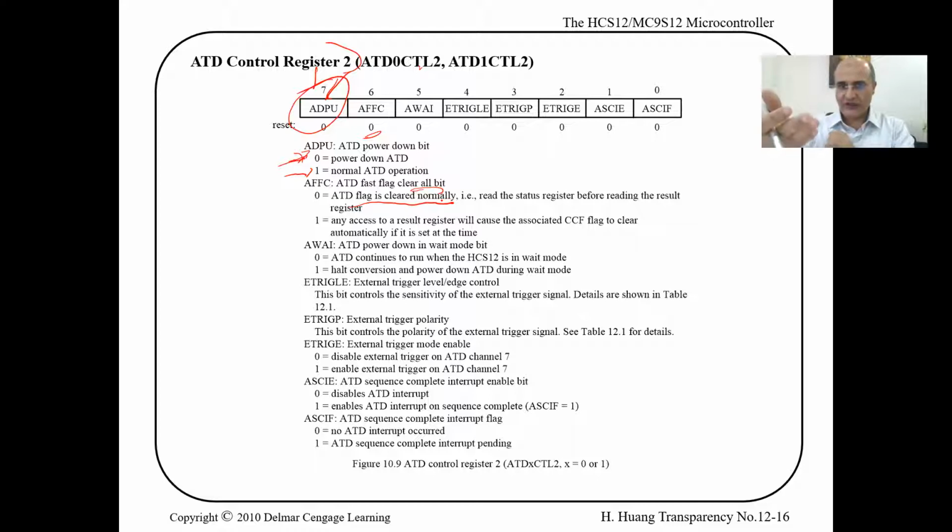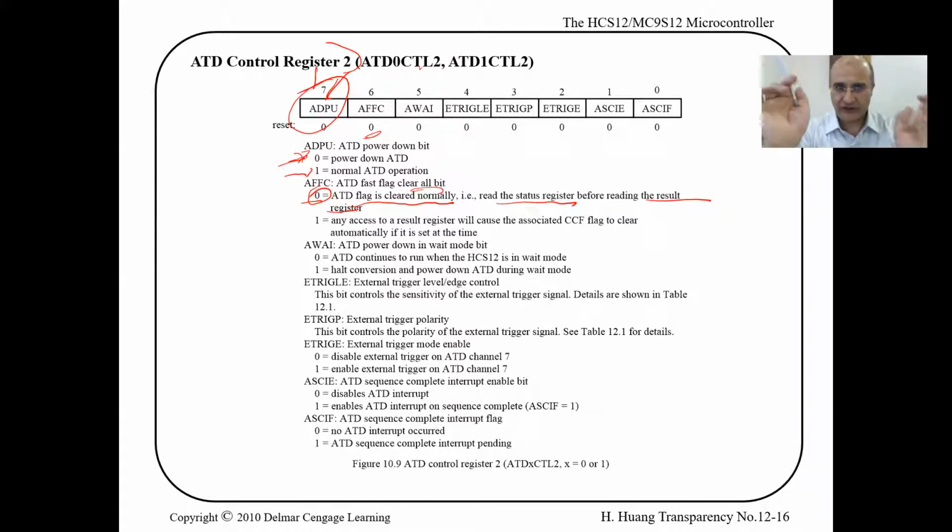That indicates that I'm done, and you can write over it again if you need, and you don't read it again. So there are 2 modes to clear the flag. The first mode, if this bit is 0, you have to read the status register, then read the result register.